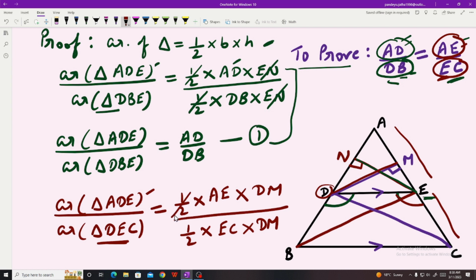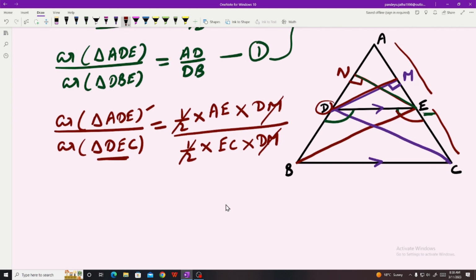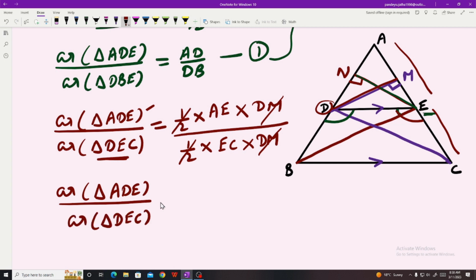Cancel the common: half and half get cancelled, DM and DM get cancelled. So write what is left. Area of triangle ADE upon area of triangle DEC will be equal to AE upon EC. Mark it as second equation.